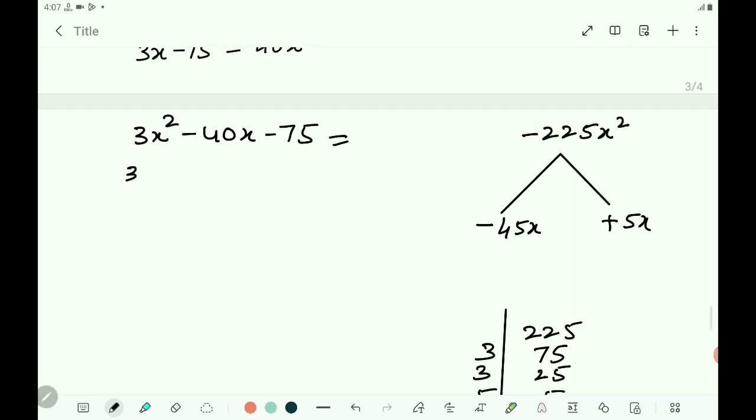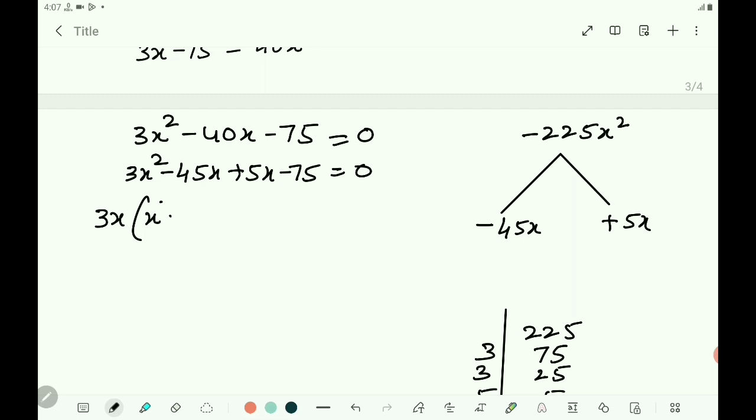Then you write 3x square as it is, minus 40x is minus 45x plus 5x, and this minus 75 equals 0. Out of these two, remove common. What is common? 3x.